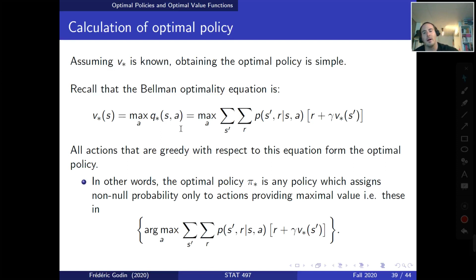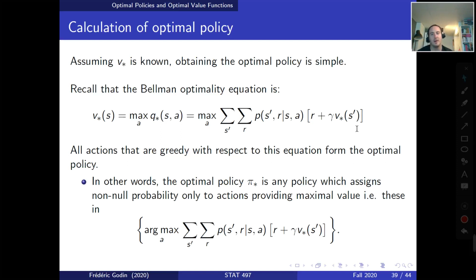And here, this optimal action value function, we saw previously that it's simply an expectation over all subsequent states and rewards of the next reward plus gamma times the optimal value function at the next state.